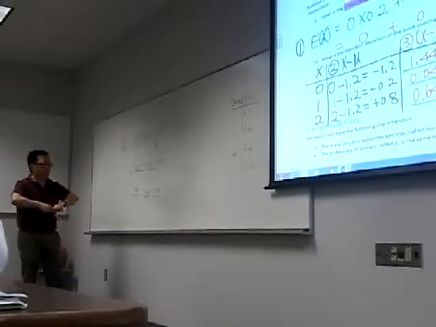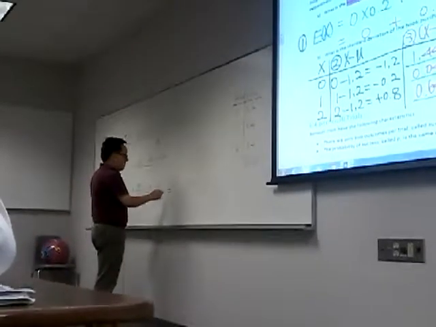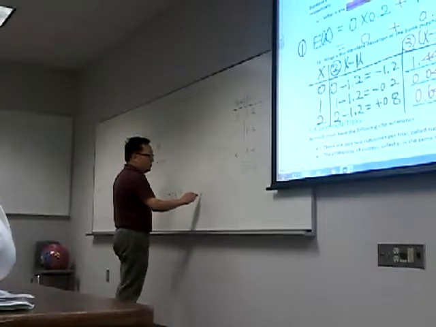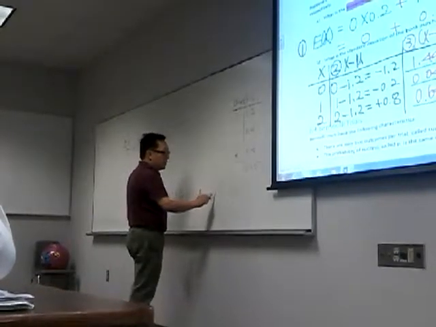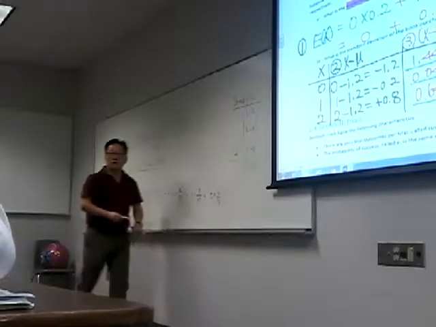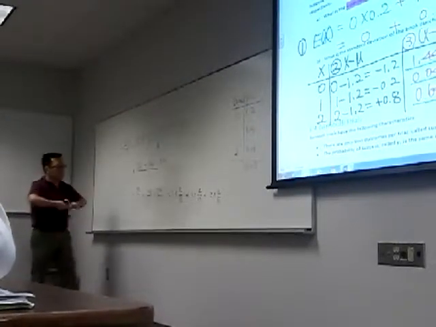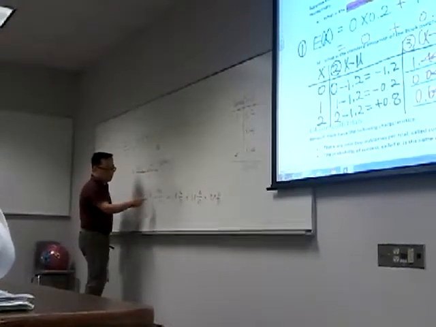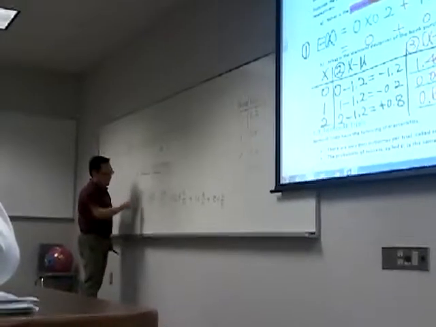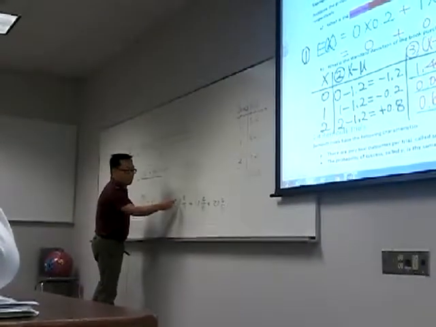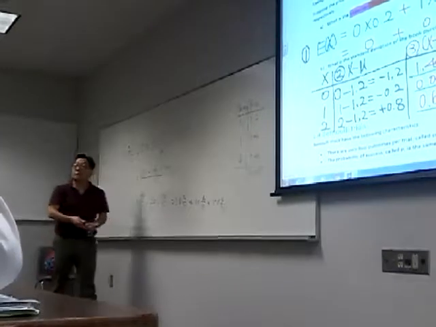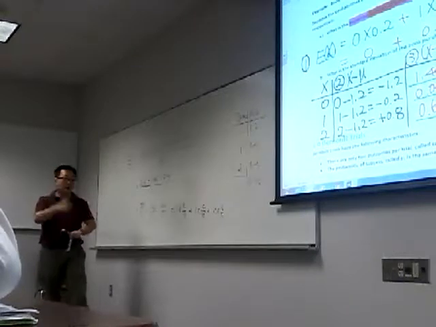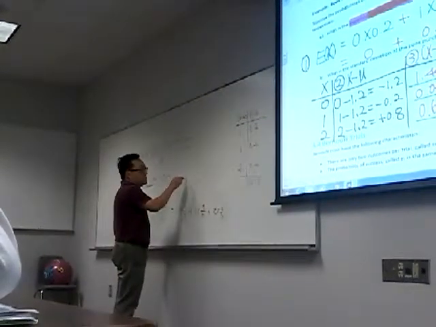How about this? 0 times 2 over 10, 1 times 4 over 10, 2 times 4 over 10. This is a ratio. Multiplication. Are they the same?